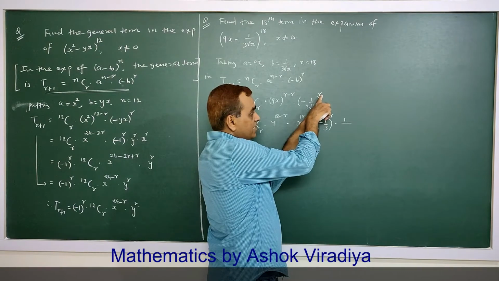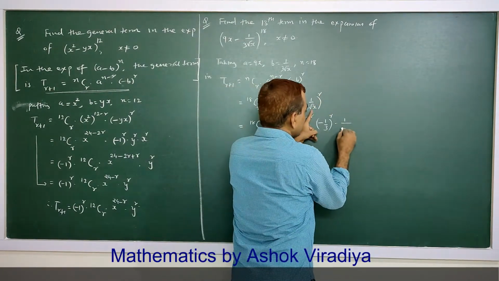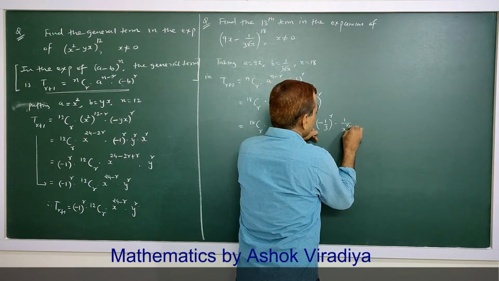So the outer power is r, the inner power is half. So multiplying outer and inner power, x raised to r by 2.